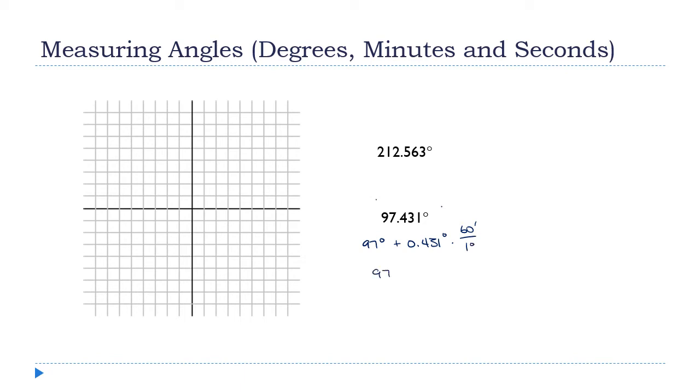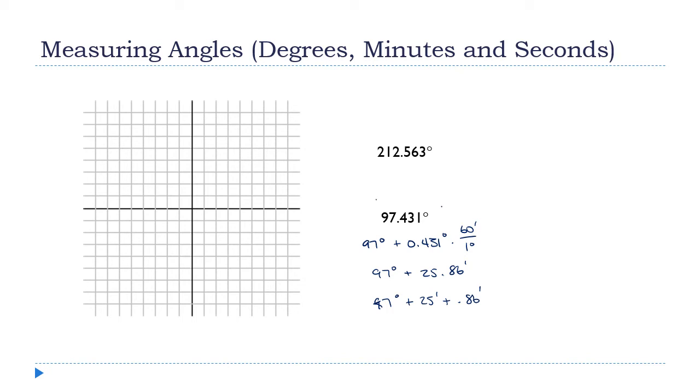And this becomes 97 degrees plus, let's see, 25.86 minutes. And then I'll split it the same way again. 97 degrees plus 25 minutes plus 0.86 minutes.